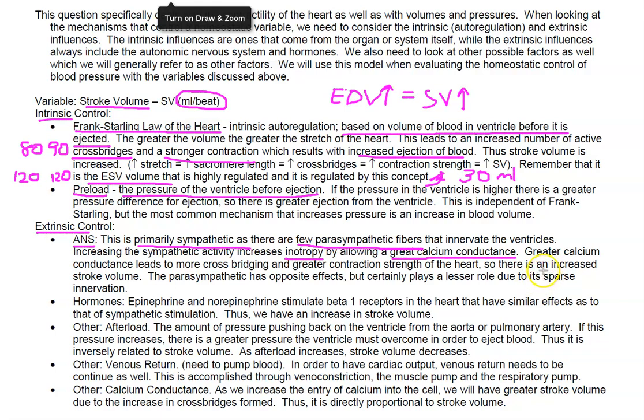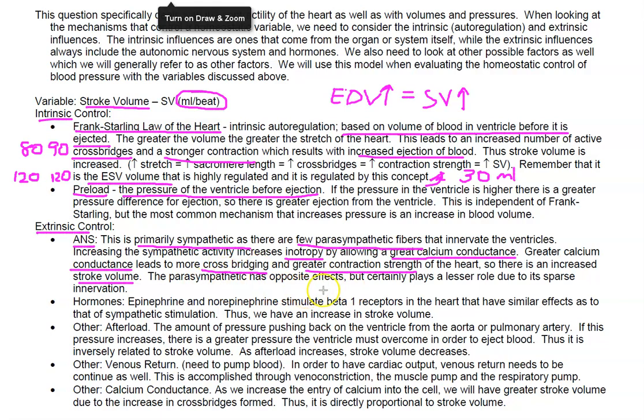The more calcium that comes into the cell, because the heart relies on both intracellular and extracellular calcium, the greater the calcium conductance, the greater amount of calcium that moves across the cell membrane in the cardiac muscle, and that increases the cross bridging. As we said before, increased cross bridging equals increased contraction strength, which increases stroke volume. Since we open more calcium channels, more calcium comes in, and that causes a greater response.